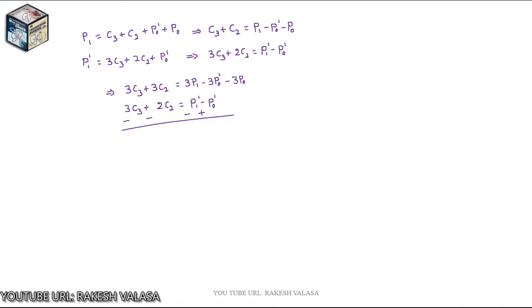Subtracting, the 3C3 terms cancel. The remaining terms: 3C2 minus 2C2 is C2 equal to 3P1 minus 3P0 minus 2P0 dash minus P1 dash.